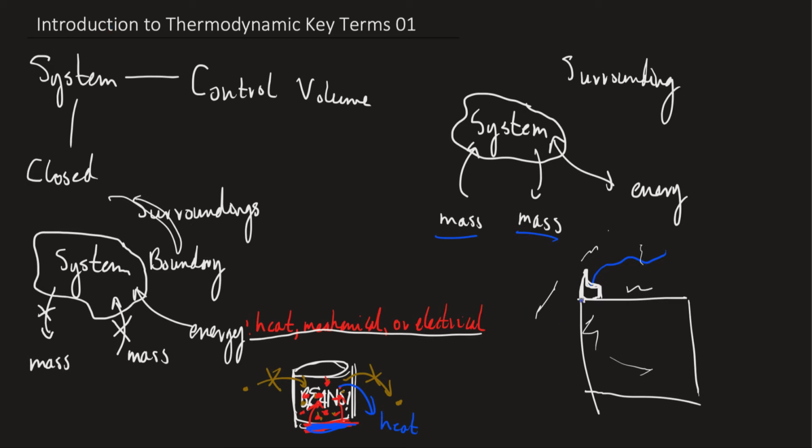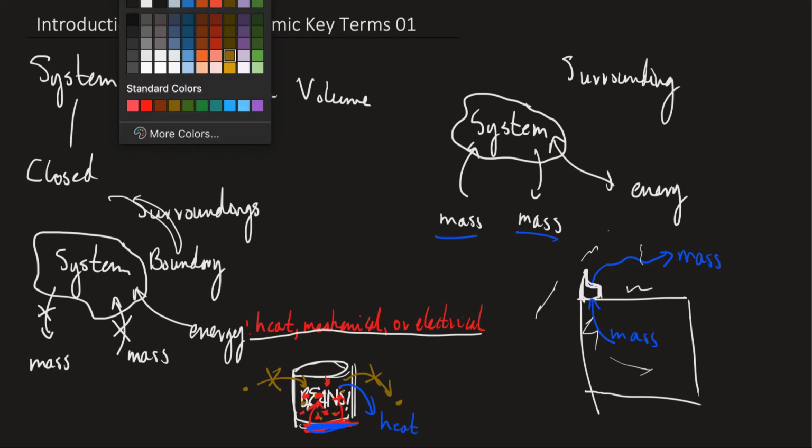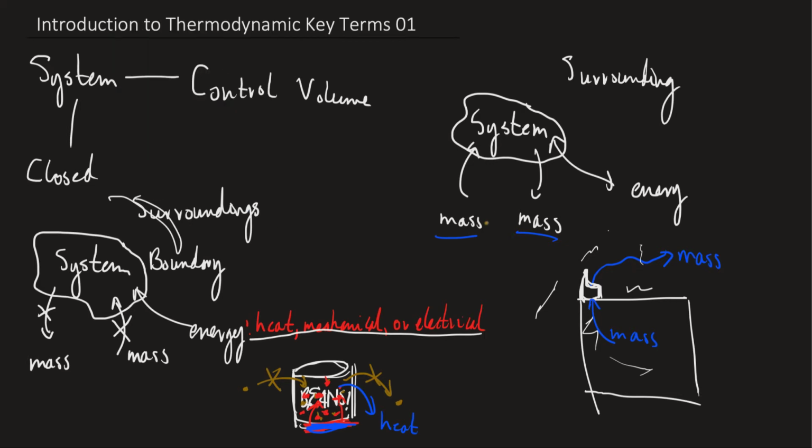So water is actually entering the spout through plumbing pipes, and this water has mass. And then water is also exiting the spout, or our control volume, into someone's mouth, or a water bottle, or a cup. Now let's imagine that this whole water fountain is outside.